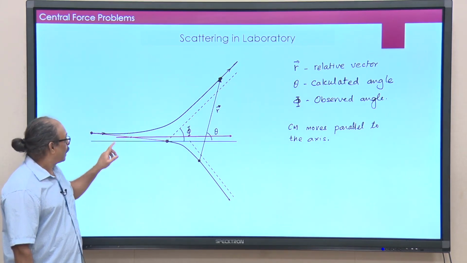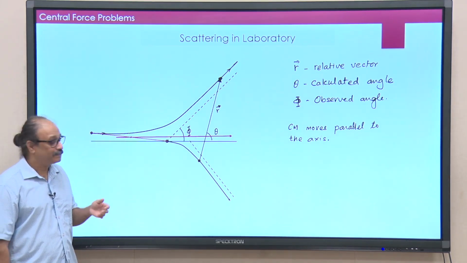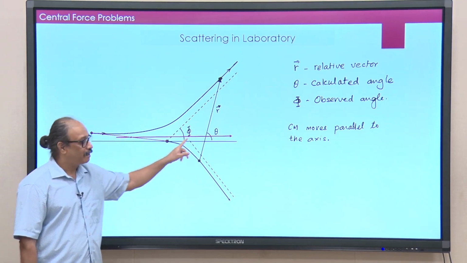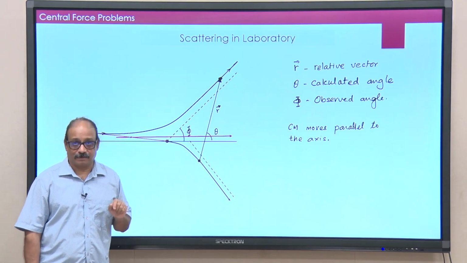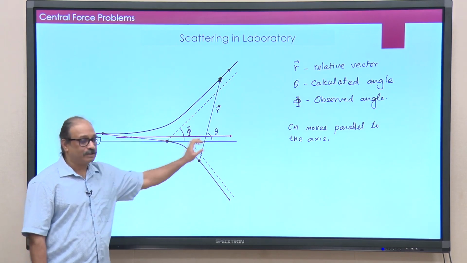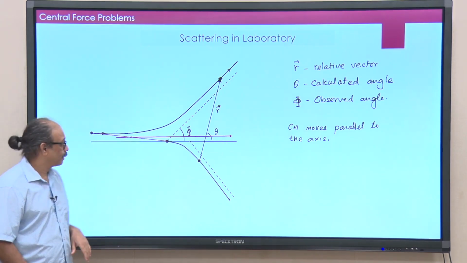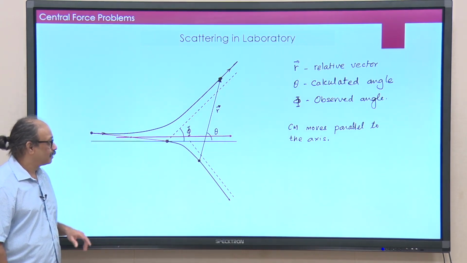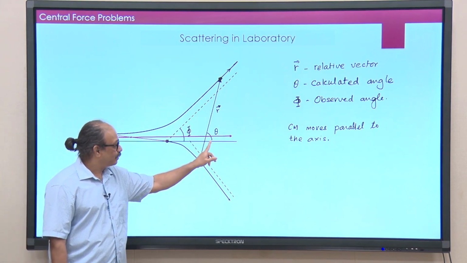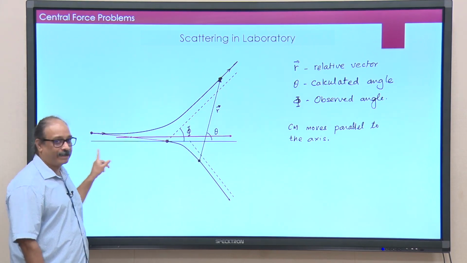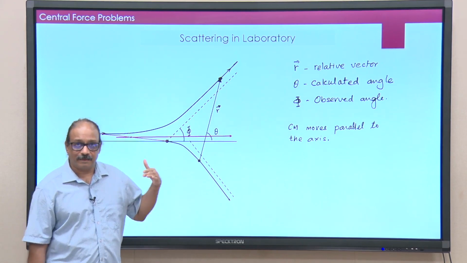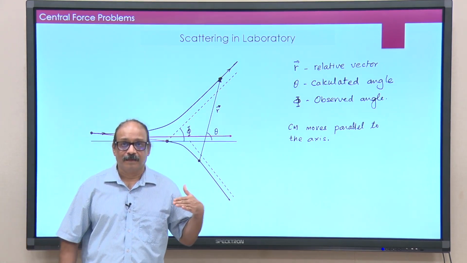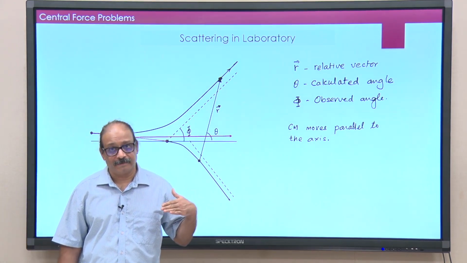And we know in central force problems the center of mass moves along a uniform trajectory. So, it moves along a straight line path there. If it does, then immediately notice that the axis of your experiment and the trajectory of the center of mass are actually parallel to each other.